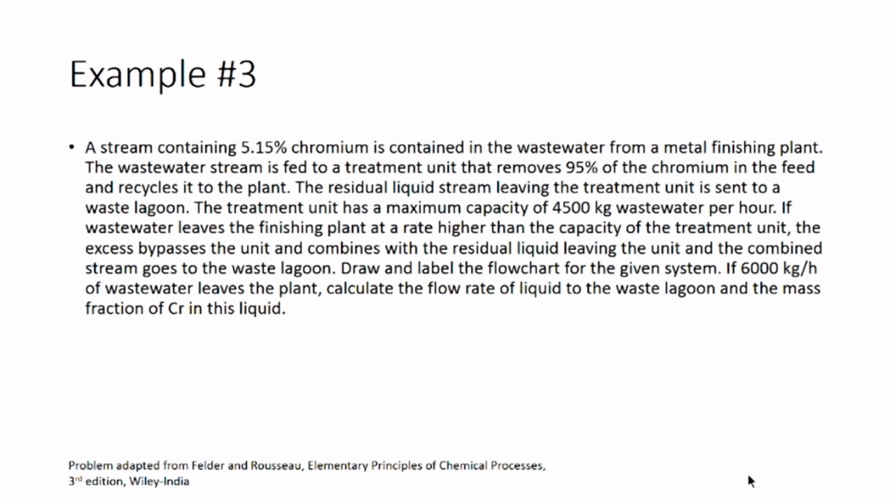If wastewater leaves the finishing plant at a rate higher than the capacity of the treatment unit, the excess bypasses the unit and combines with the residual liquid leaving the unit, and the combined stream goes to the waste lagoon. Draw and label the flow chart for the given system. If 6,000 kilograms per hour of wastewater leaves the plant, calculate the flow rate of liquid to the waste lagoon and the mass fraction of chromium in this liquid.